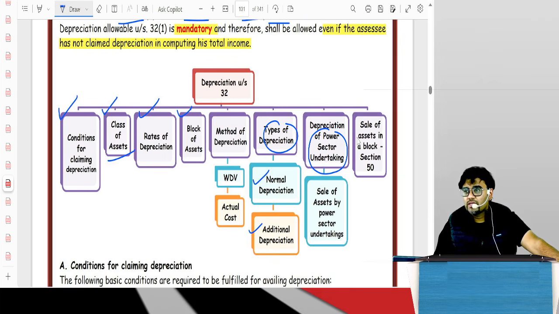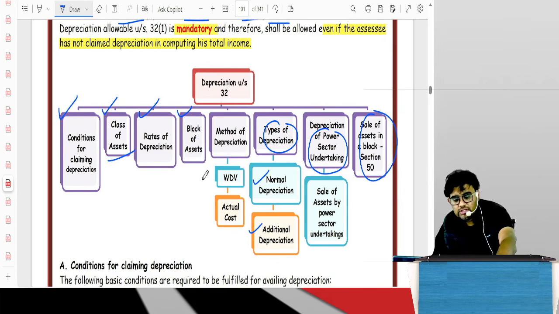One more example, 20 laptops are there, 3 lakh. All 20 laptops are sold for 1 lakh. So 3 lakh minus 1 lakh, the value is still there 2 lakh, but assets are only not there. That is the last part. Sale of assets in a block. So all these concepts we have to figure out.